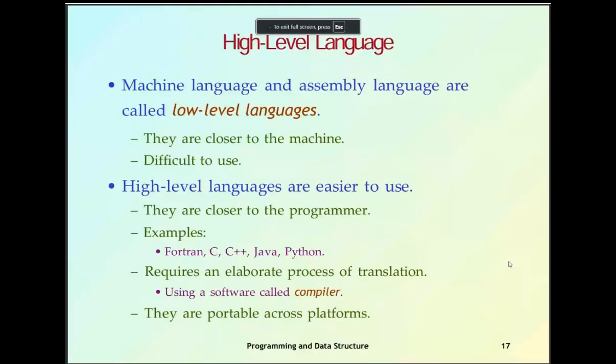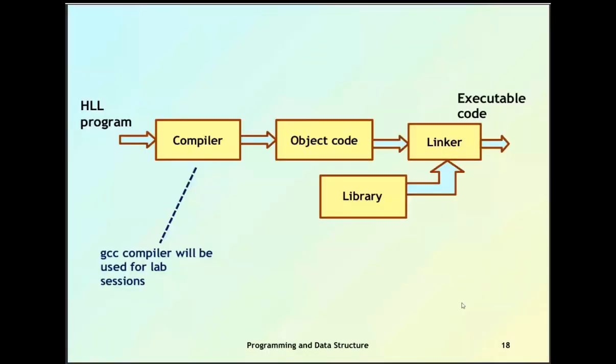Now here, I'm just showing you how a high level program that we write in a high level language gets converted to executable code that we will execute. Ultimately we write a program in a high level language. For example, you must have used Google Colab during your offline session, or any programming language.